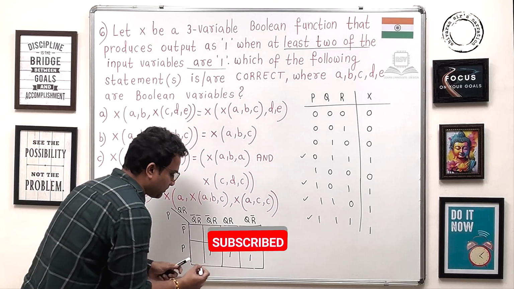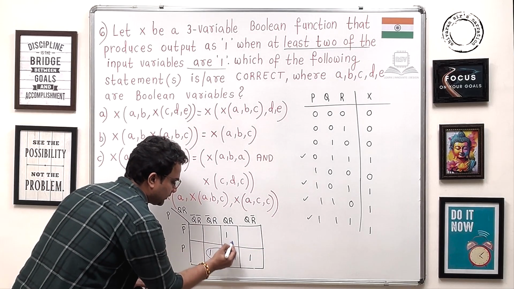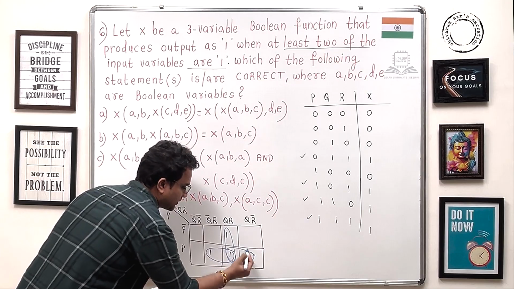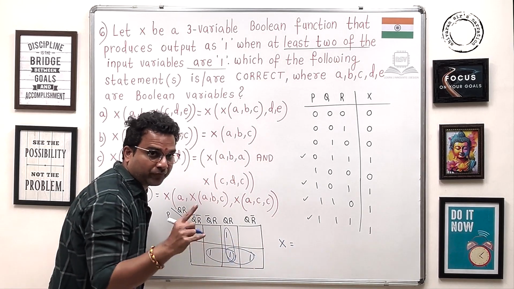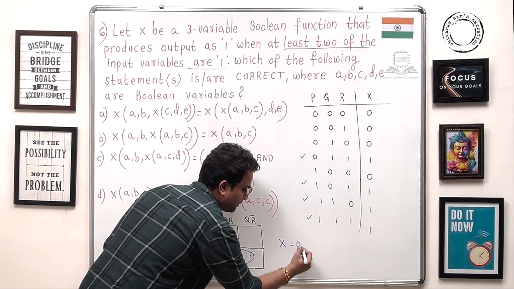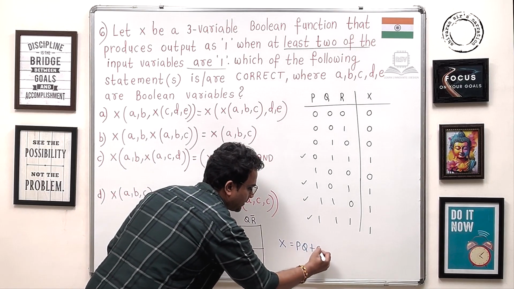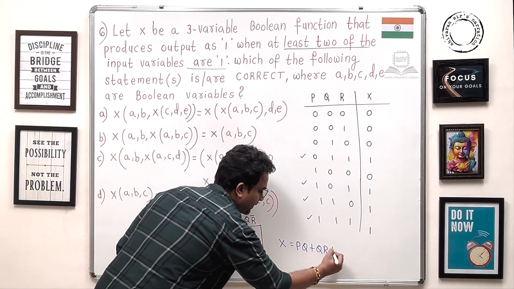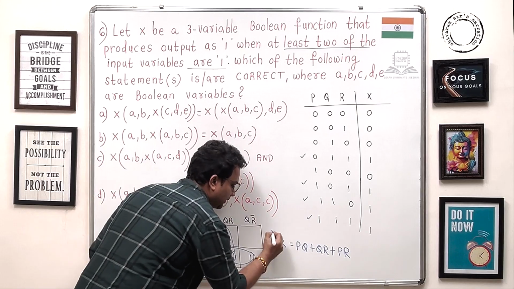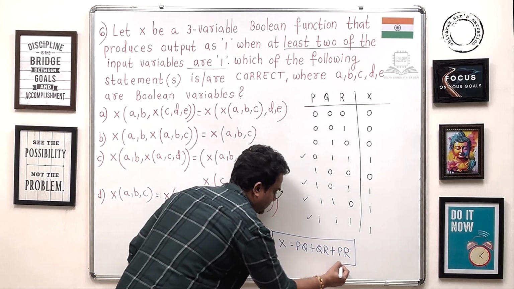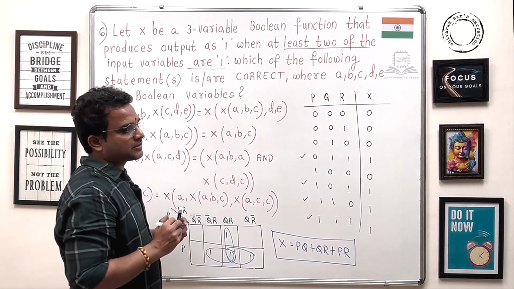Now, if you simplify this, this and this, we get the function. The simplified function is PQ plus QR plus PR. This is the simplified Boolean function as per the given statement.